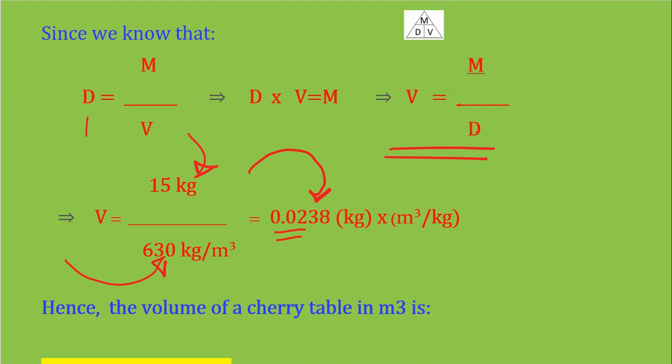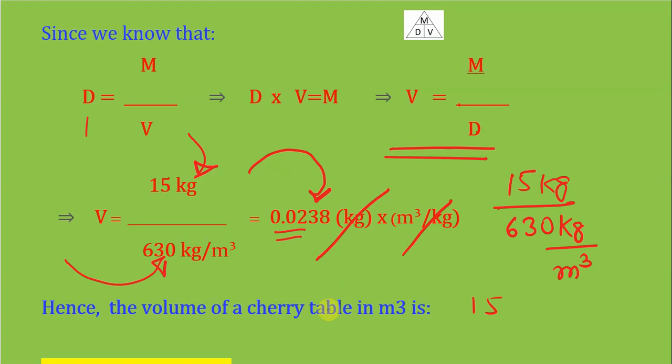So here, because you have to calculate the volume, what will happen is kilogram will cancel with kilogram and you will just get meter cube. How will you get it? Let me show you. 15 kg, 630 kg, and you have meter cube.